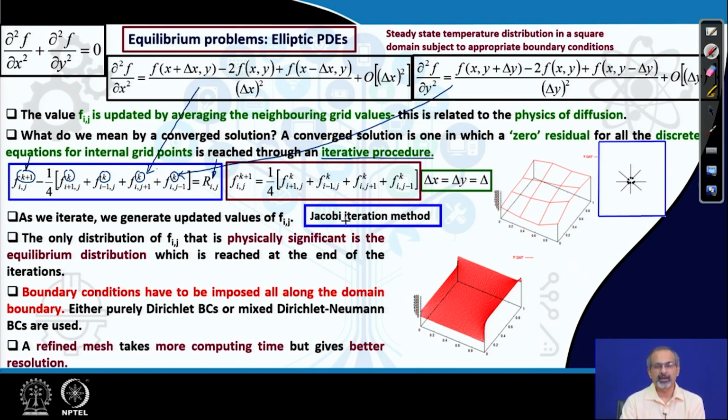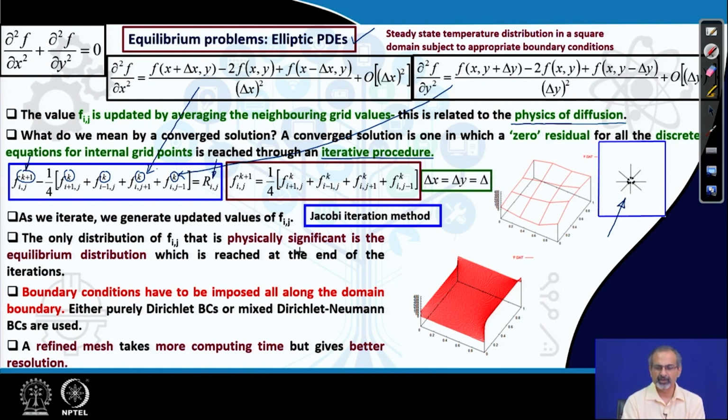So, the value of f I j will be updated by averaging the neighboring grid values. This basically follows the physics of diffusion, where the influence comes from all ends. It also matches with the idea of the elliptic partial differential equation, which we had discussed earlier, that the entire domain is its domain of dependence. So, inputs come in from all directions.